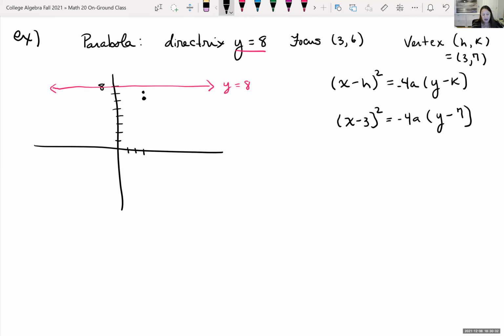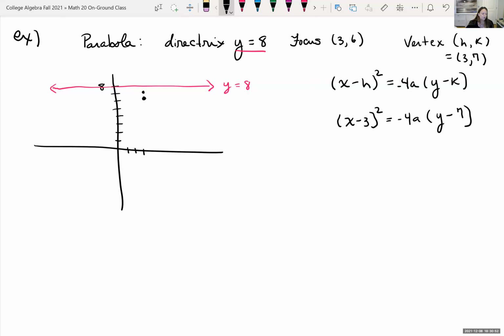We need to figure out what this a value is. The a value is that distance between the vertex and that focus, and that distance there is 1.